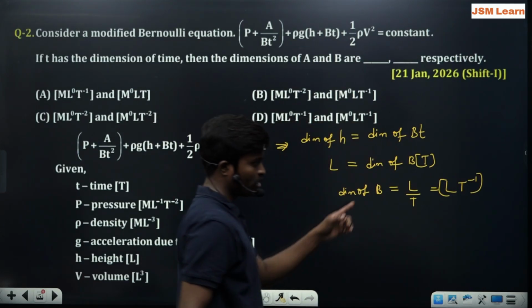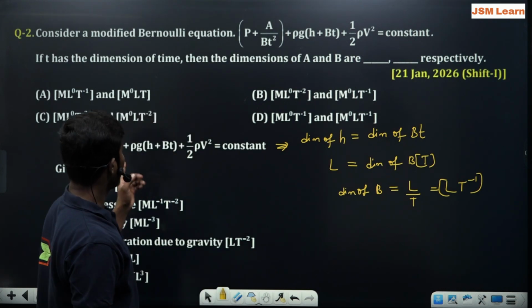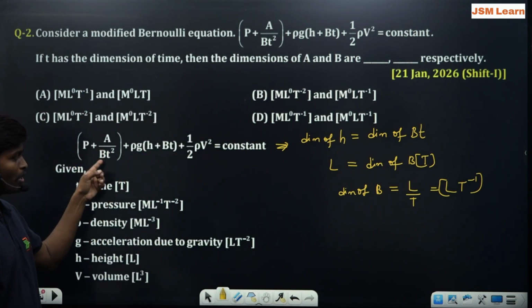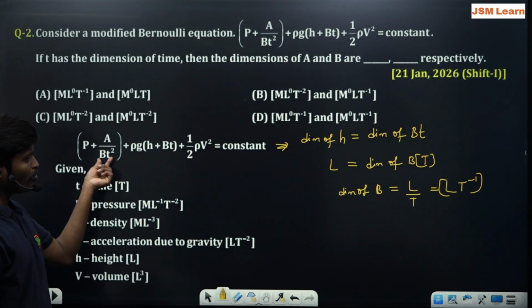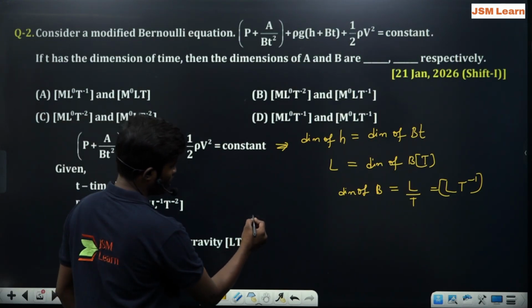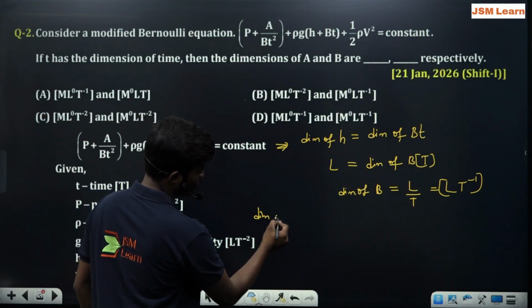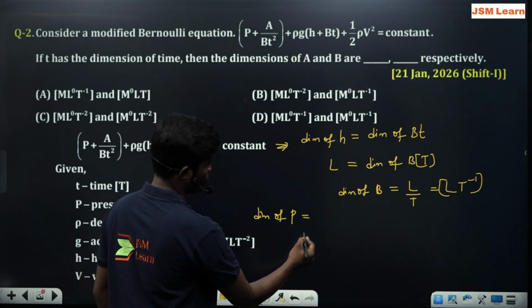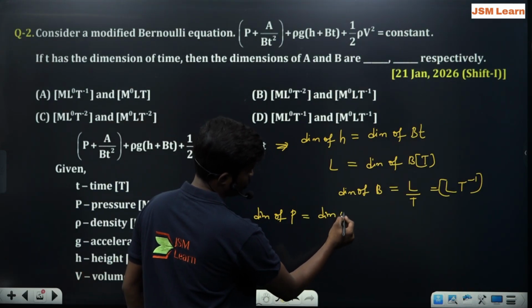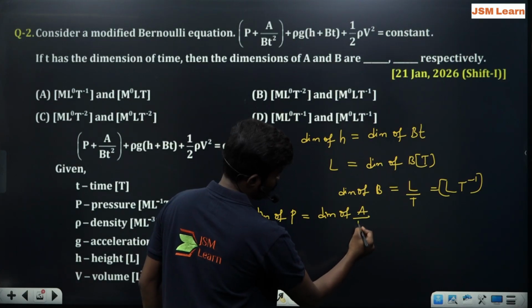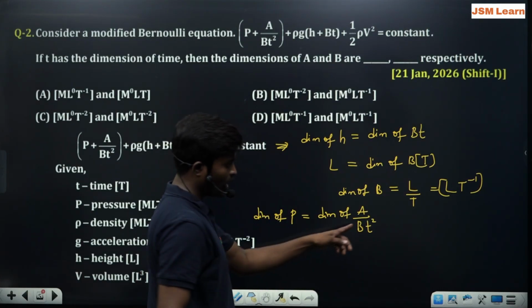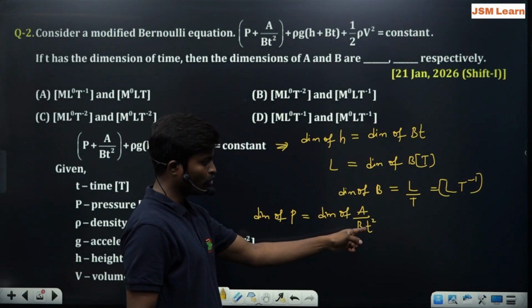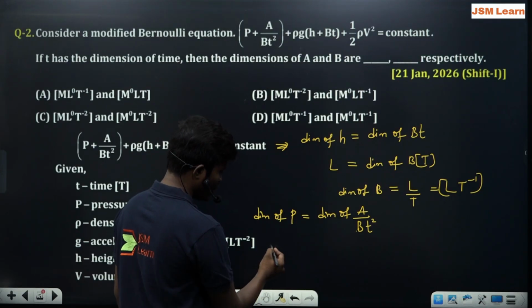So we got the dimensions of b first, and if you look at the equation again, p plus a by bt square, in the denominator we have bt square. So we can write the dimension of pressure, where p is pressure, equal to the dimension of a by bt square. We already have the dimension of b and we know the dimension of t, so we can take the pressure dimensions.